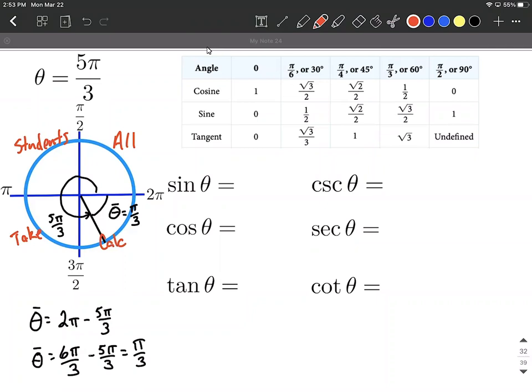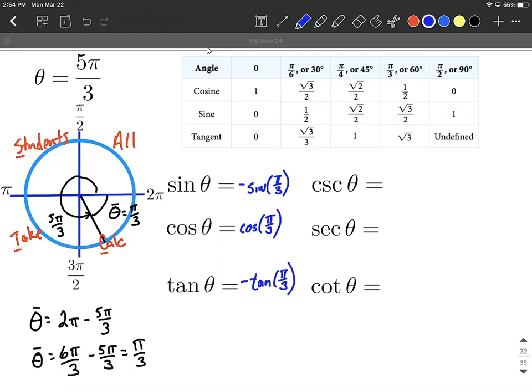In the second quadrant, sine is positive, in the third quadrant tangent, and in the fourth quadrant cosine is positive. Now let's plug this in and incorporate the correct sign. Remember, cosine is going to be positive, but everything else is going to be negative. So we have negative sine of pi over 3, positive cosine of pi over 3, and negative tangent of pi over 3.